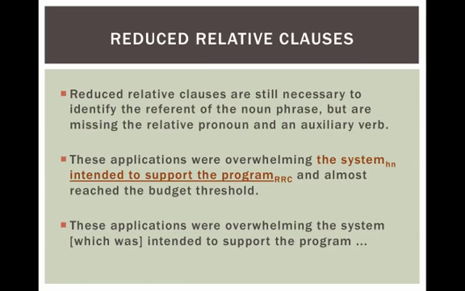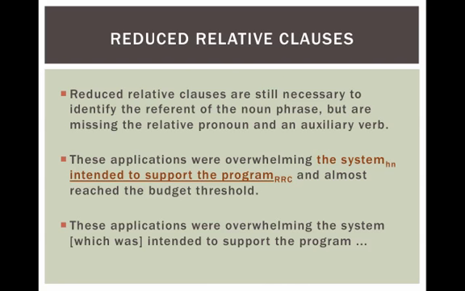A reduced relative clause. They're still necessary. They function like these restrictive relative clauses. Reduced relative clauses are always restrictive relative clauses. They're necessary to identify the referent of the noun phrase, but they're missing the relative pronoun and an auxiliary verb. So here's an example. These applications were overwhelming the system intended to support the program.